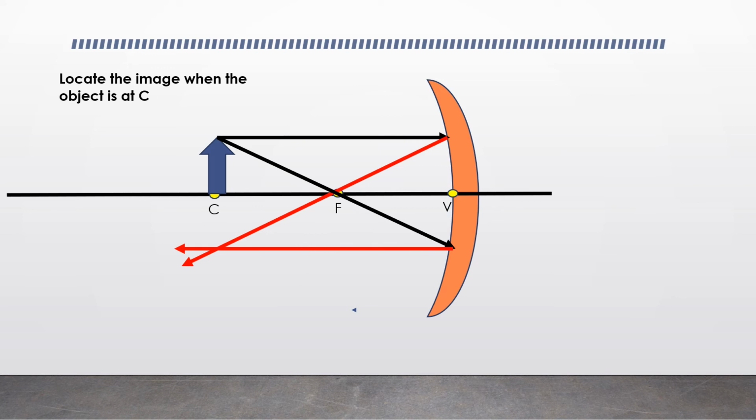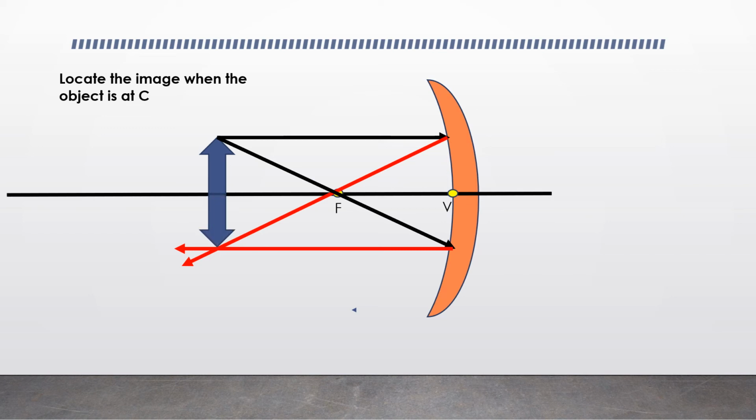So, where is the intersection? Where did the reflected rays intersect? Okay, as you can see, the reflected rays intersect at C. So, how will you draw the image? The tip of the image should touch at the intersection point.